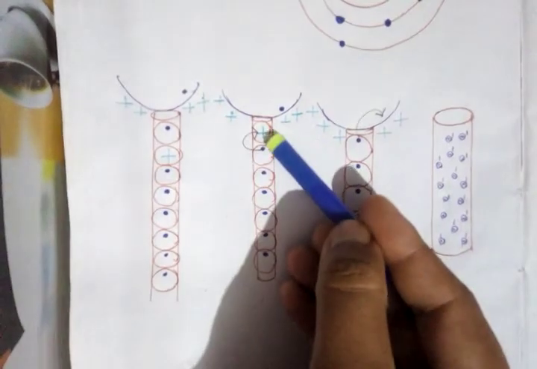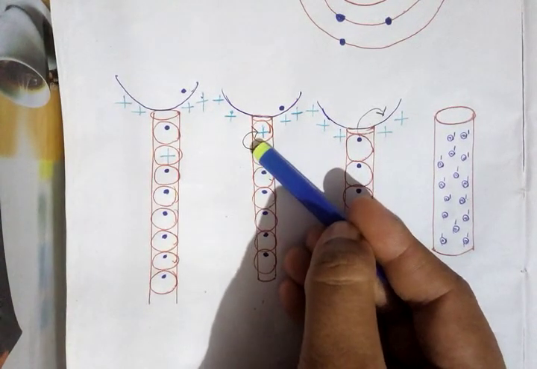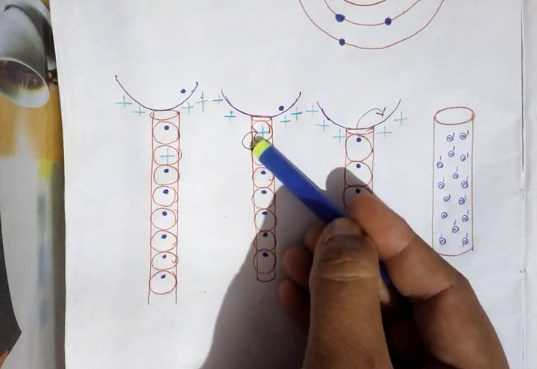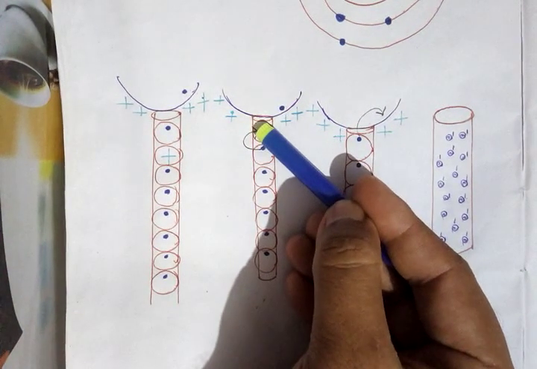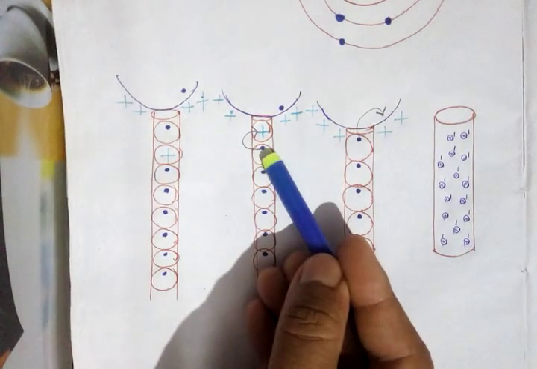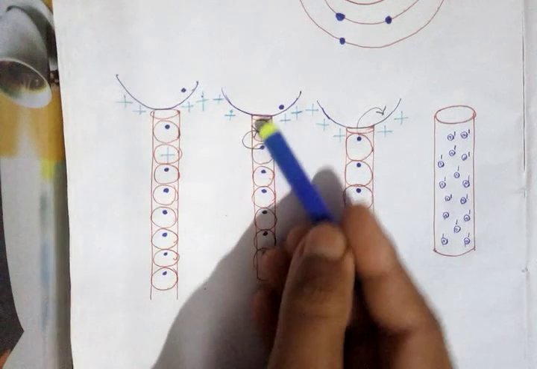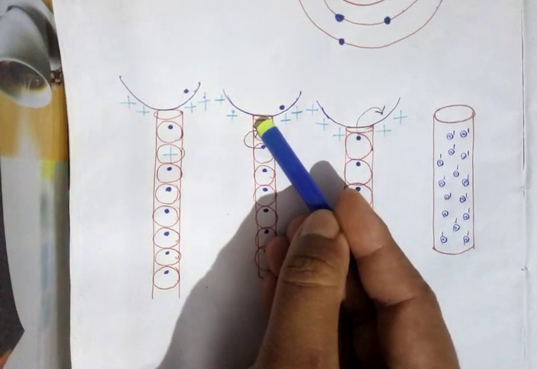Now this positive charge will attract the neighboring electron, so that electron will leave its atom and move towards the positive charge. So you can see this electron leave the atom and enter the first atom.